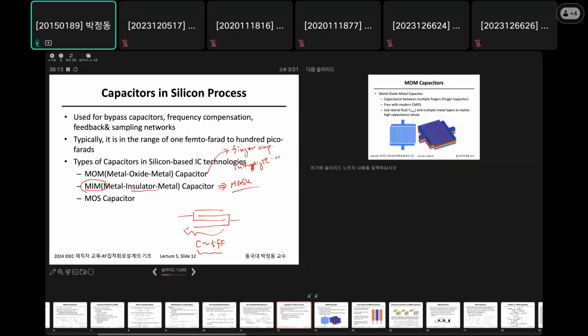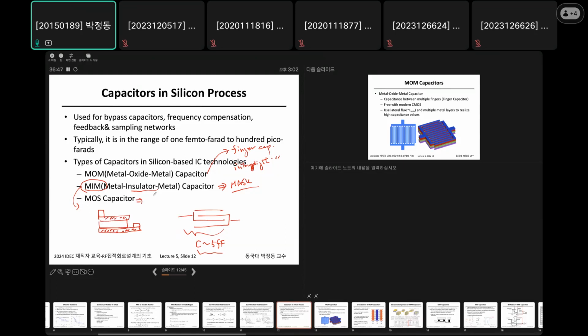How about the MIM cap? The MIM cap is just metal, insulator, and metal layers, which looks like this. Between two metals, a high dielectric material layer is sandwiched. This is the MIM cap. How about the MOS cap?